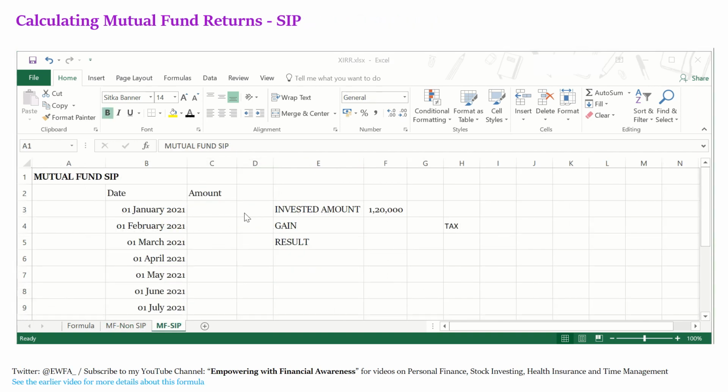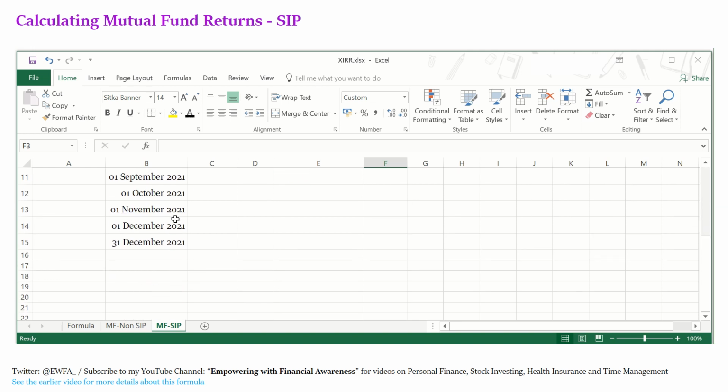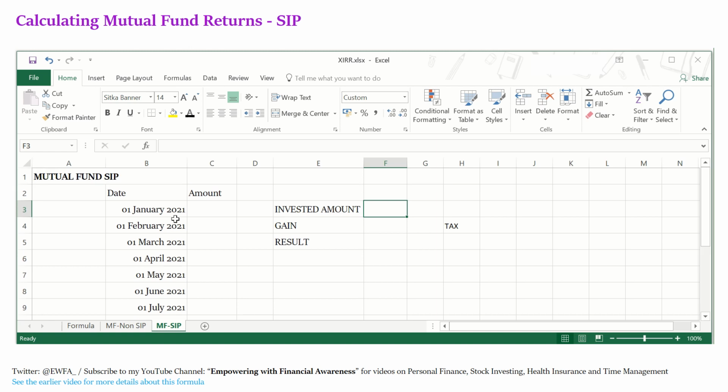So now let me move on to the calculation of SIP. This is more common in retail investors, where we do a SIP for a fixed amount for a couple of months and then redeem it based on our life goals. So in this example, let me consider that I am doing SIP for 10,000 rupees month on month.